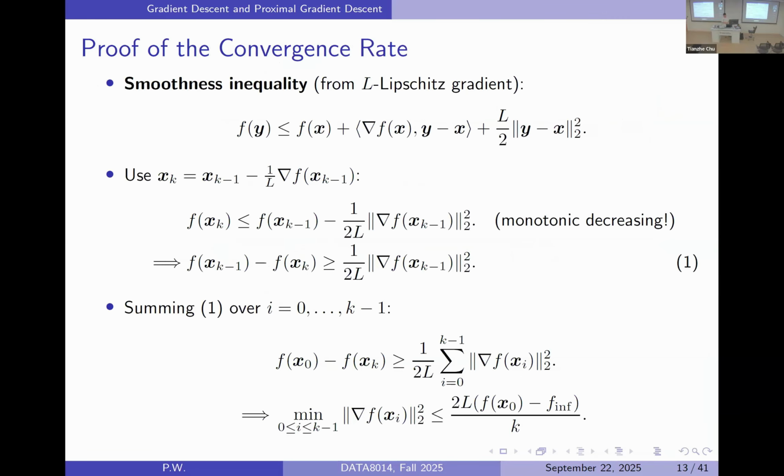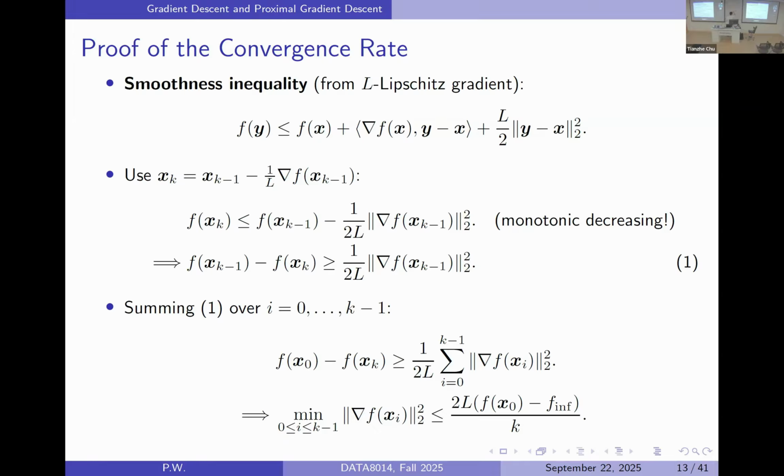We also give a concrete proof for this gradient descent. How do we derive this convergence rate for gradient descent optimizing a smooth non-convex function? Actually, it is very simple.